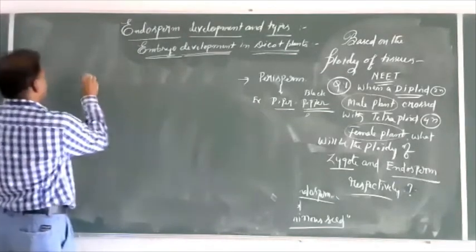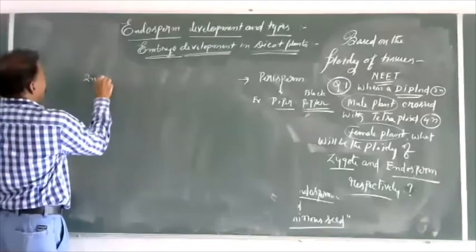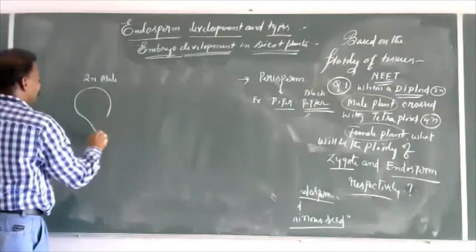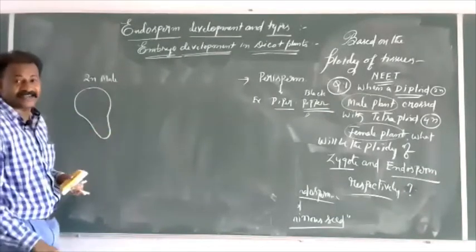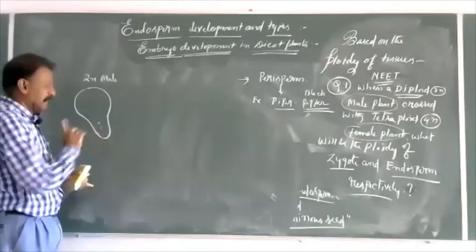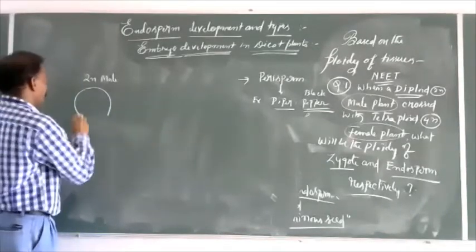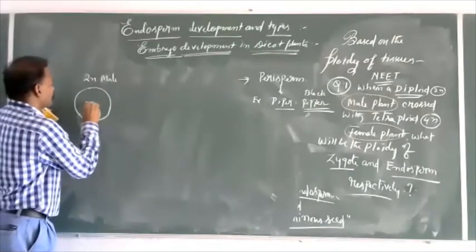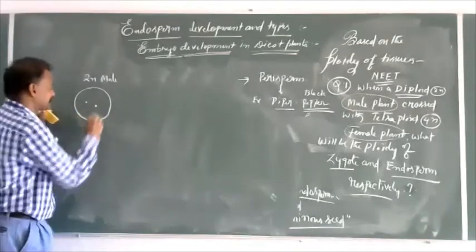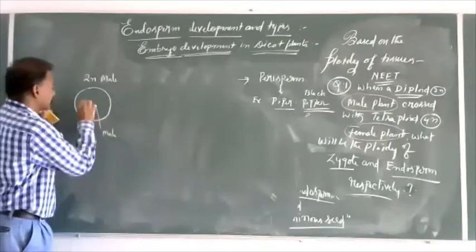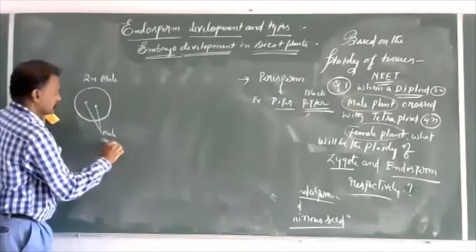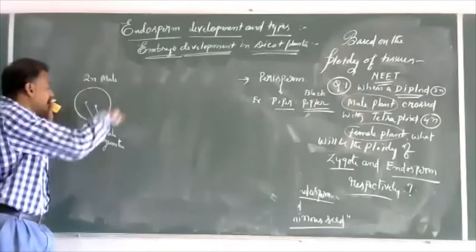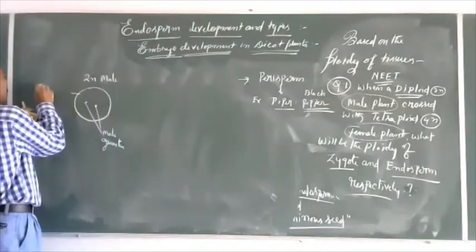A diploid male plant, 2n male plant, has a male gametophyte with 2 nuclei, 2 male gametes. Generally, a male pollen grain or gametophyte.